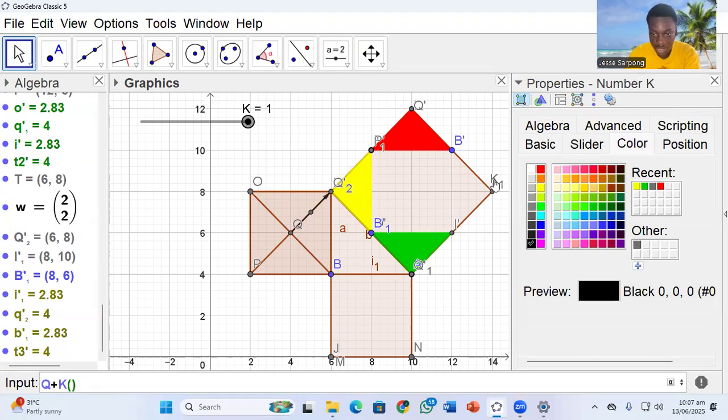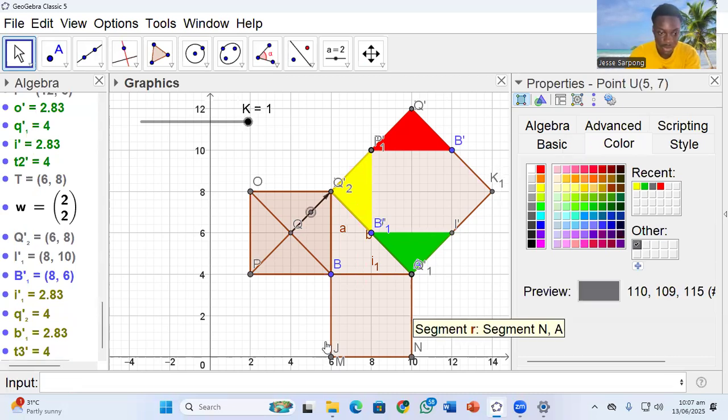Now the point here, which is K subscript 1, that's what we'll be using. So we input Q plus K into bracket K subscript 1 minus Q.